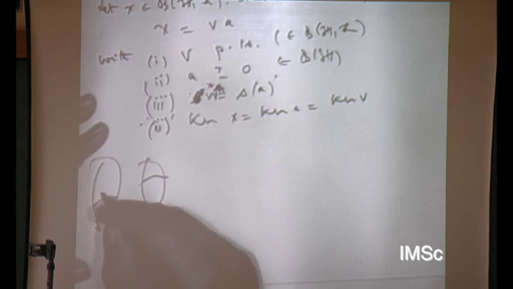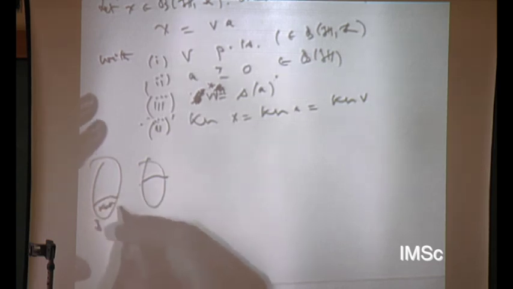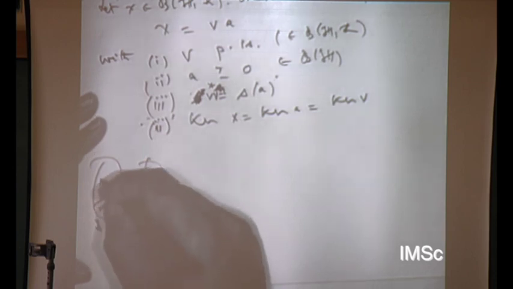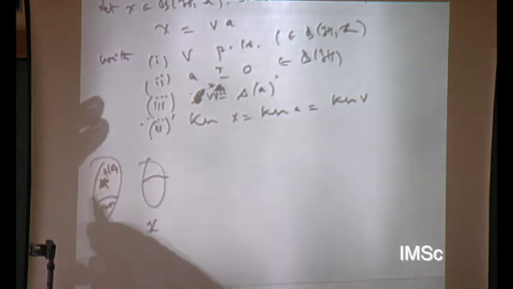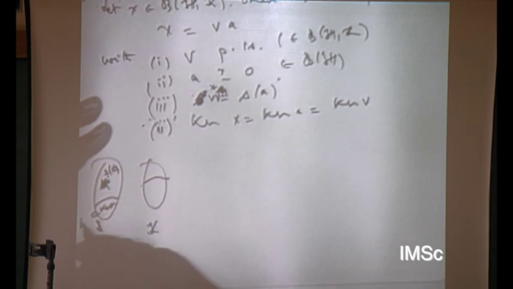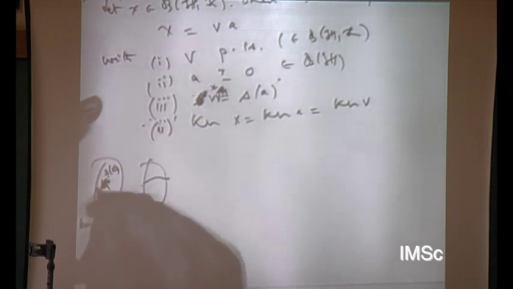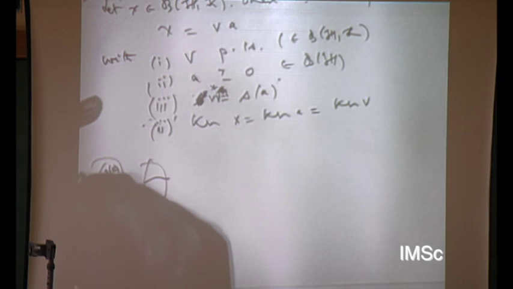So this is the kernel of A, and this is the support of A, S of A, that is kernel of X, and this is kernel X perp.